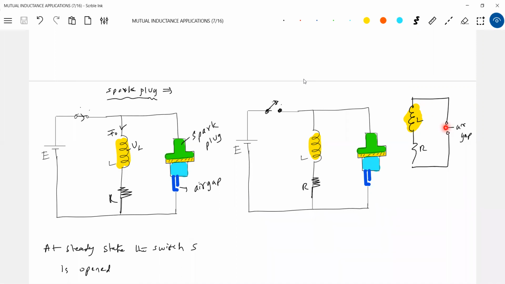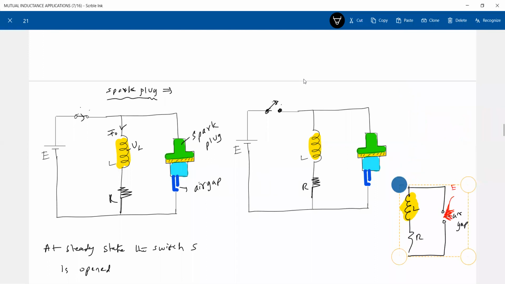The breakdown will occur, and because of that, all the energy in the inductor, within milliseconds, within 3 milliseconds, because of the breakdown, everything will become electromagnetic wave. And what do we get? We get a spark here. The EM wave will come out.